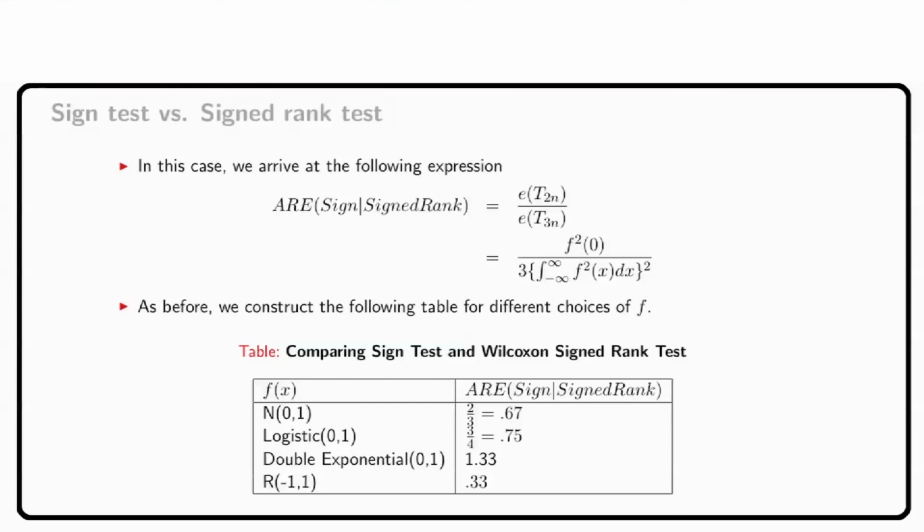As before, we can also obtain a table for different density functions, and these are given in the form of table 2 comparing the signed rank test relative to the test based on t. And finally, we can obtain the ARE of the sign test relative to the signed rank test, and this is also given in the form of a table as given earlier.